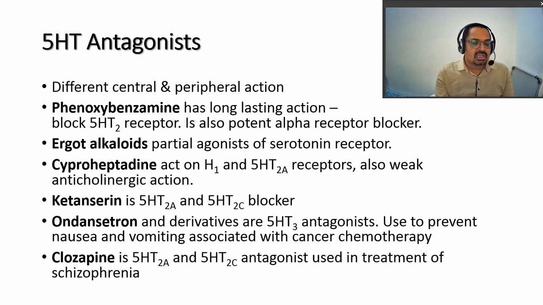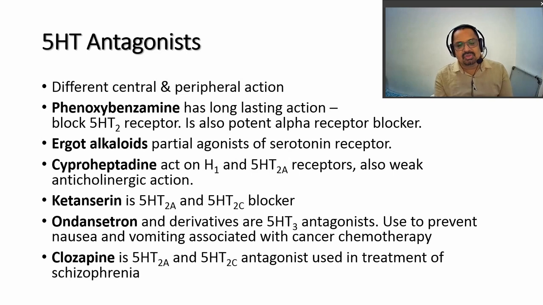Next is ketanserin, which blocks the 5-HT2A and 5-HT2C receptors. So anything mediated by these receptors can be blocked by ketanserin. The next derivative, most popular as far as clinical application is concerned, is ondansetron and its derivatives. They are specifically 5-HT3 receptor antagonists used in the treatment of nausea and vomiting associated with cancer chemotherapy.